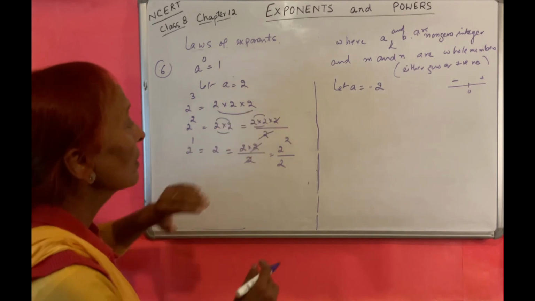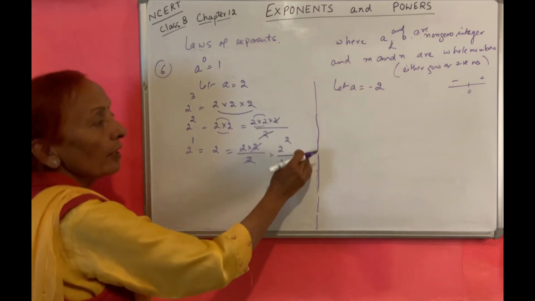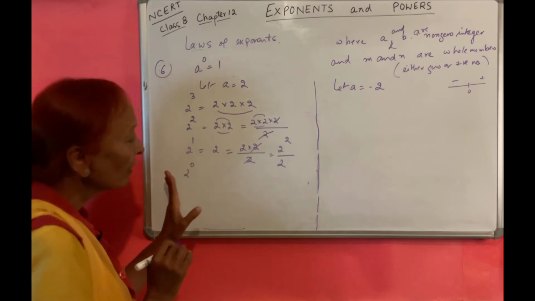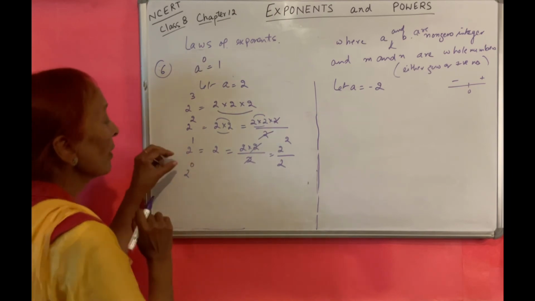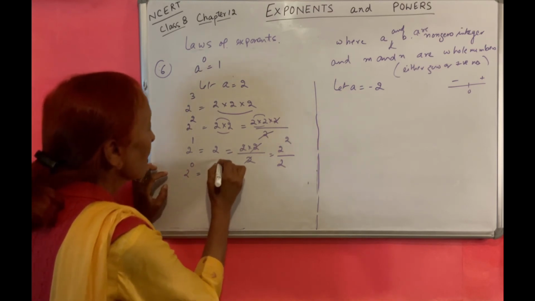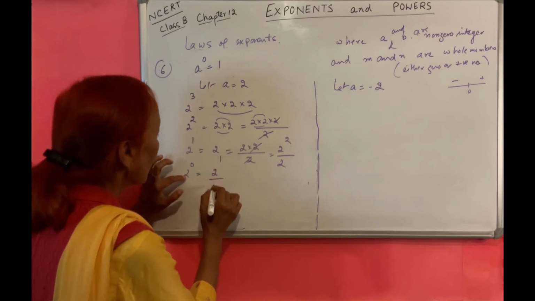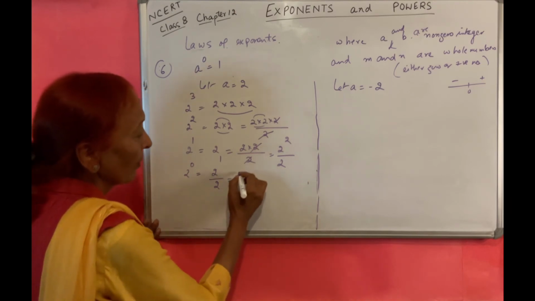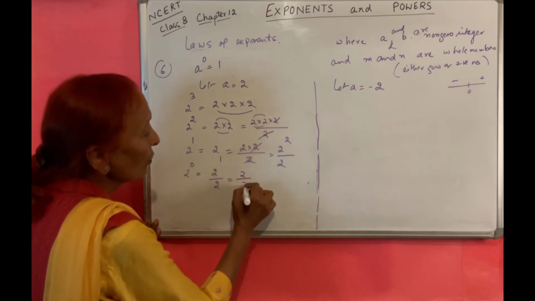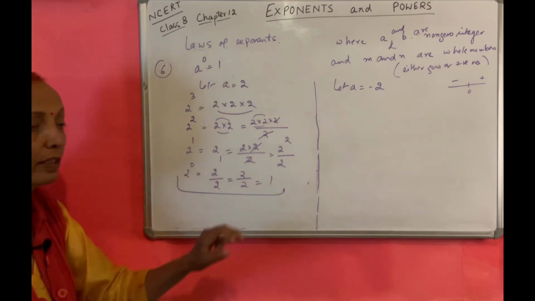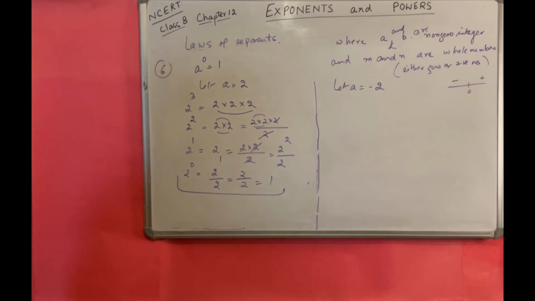That means in each step we are dividing by the base. So next is 2 raised to power 0. How will I get this number? I will divide this number by this base 2. That means this is 2 raised to power 1 divided by the base here, 2. 2 raised to power 1 is 2, 2 by 2 that is 1. That is why 2 raised to power 0 is 1.